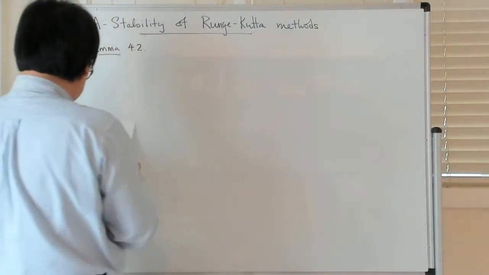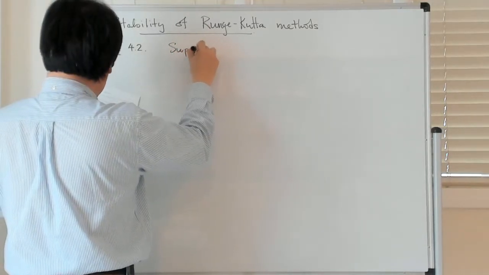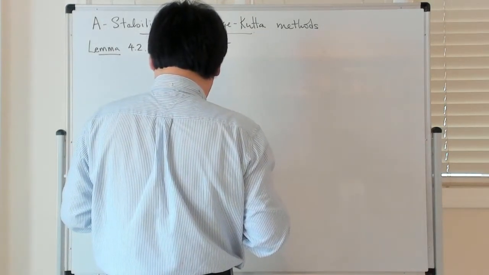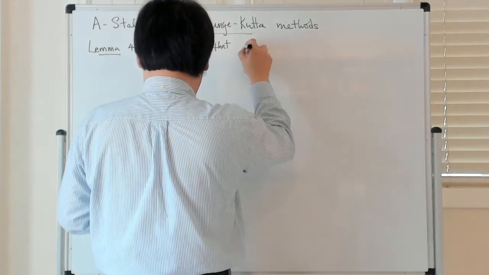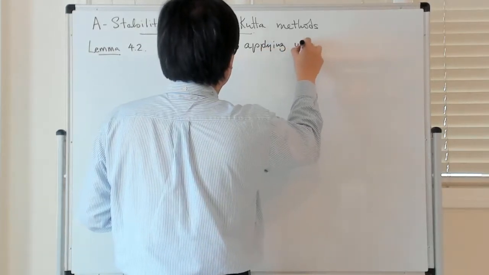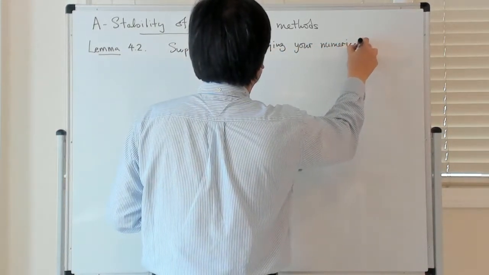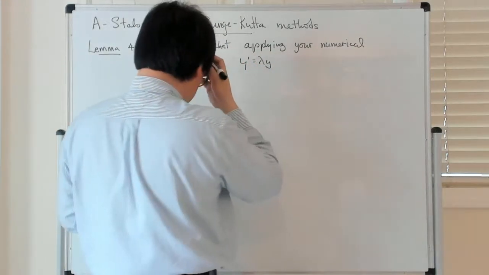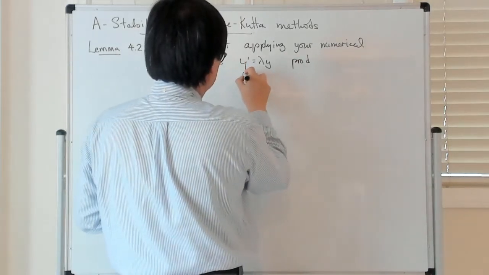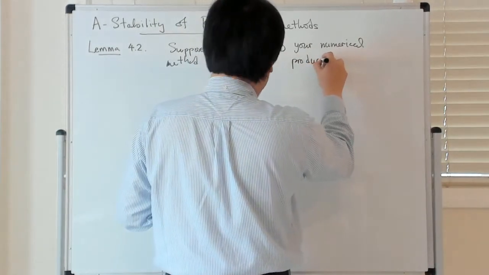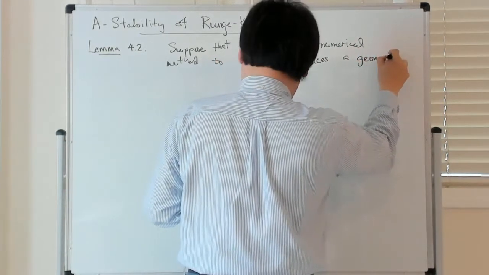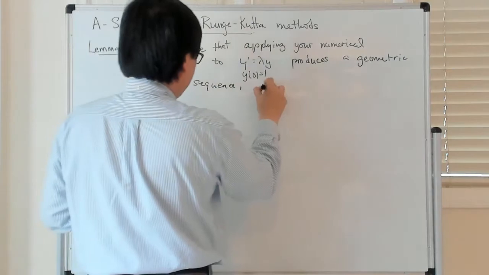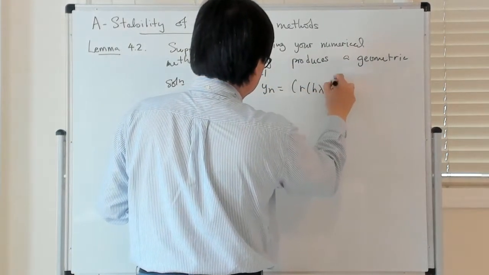Lemma 4.2: let's suppose that applying your numerical method to y prime equals lambda y, and I should also say y at 0 is 1, produces a geometric solution sequence y_n equals R(h lambda) to the nth power.